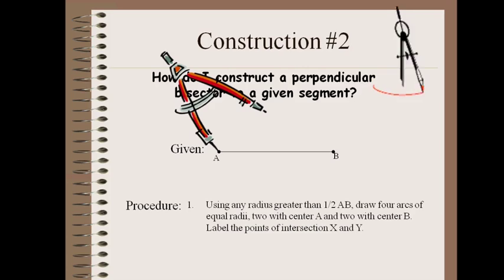In that case, you will take any measurement in your compass as the radius, but it should be greater than 2 centimeter, because half of 4 centimeter is 2 centimeter. Any measurement can be taken more than 2 centimeter.